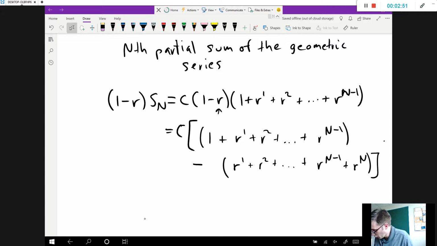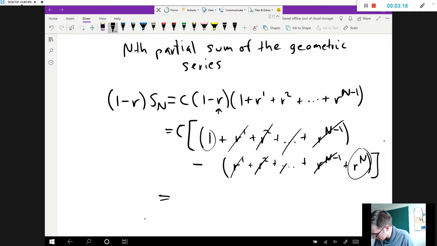All right, so we've FOILed this out. 1 times the second term is on top. r times the second term is on bottom. And notice there's a lot of terms that are going to cancel out here, because we have an r to the 1 minus r to the 1. So those cancel. And r squared is going to cancel. And in fact, r to the n minus 1 cancels, and all of the ones in between. And so the only ones that are going to stick around are the 1 and the r to the n.